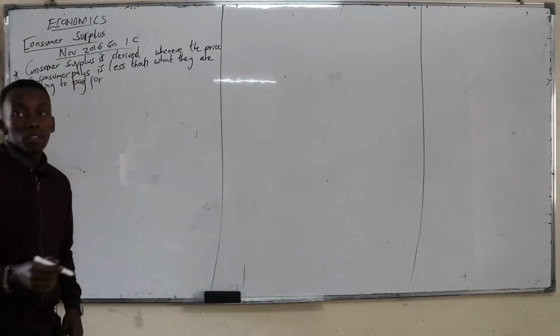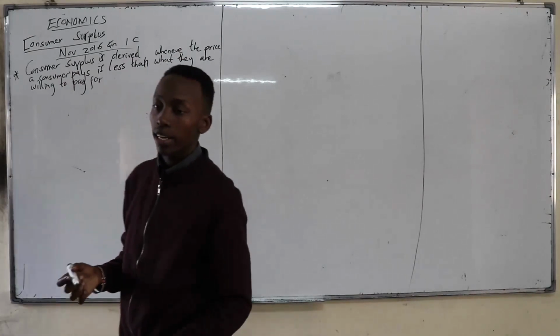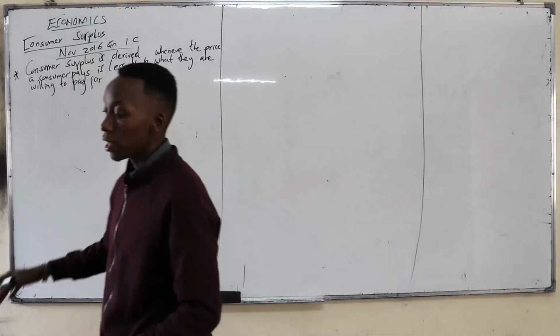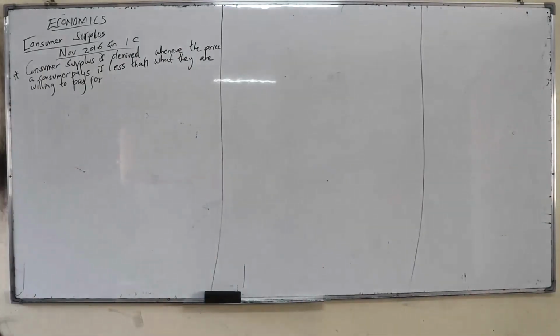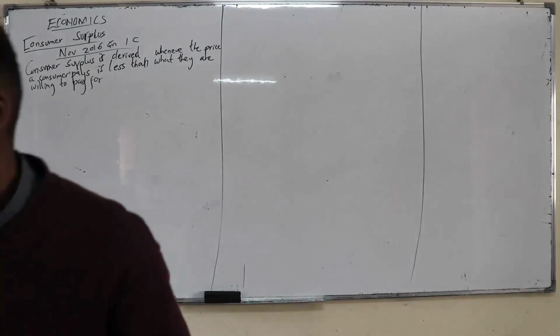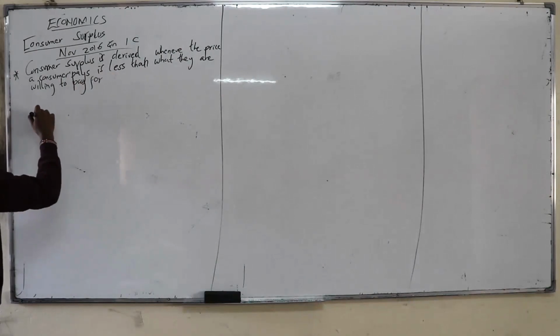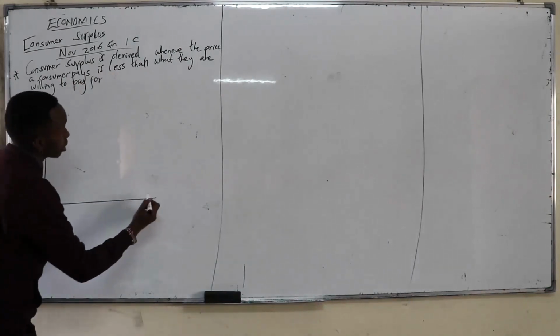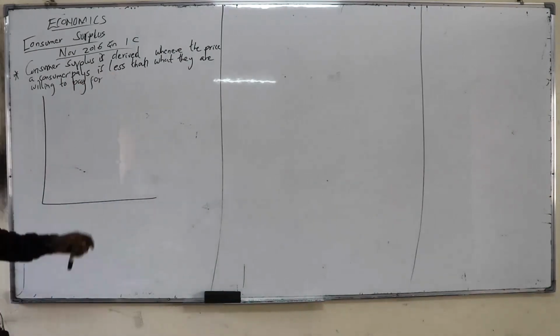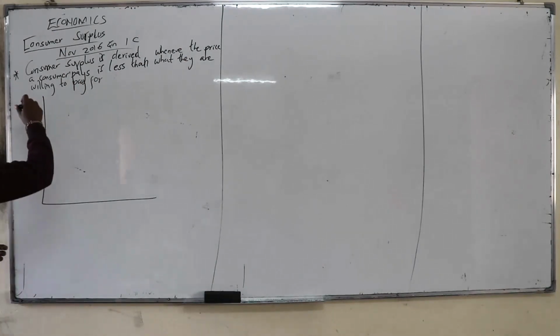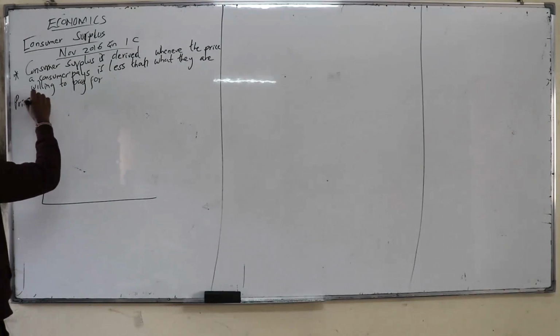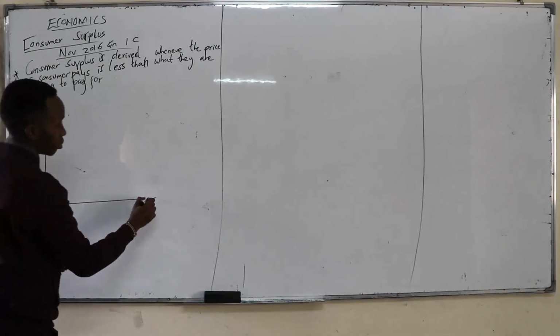So what does this mean? For example, if you were to show this in a diagram, this is the graphical representation of what a consumer surplus should look like. On one side, you'll have the price, and on the other side, the quantity.